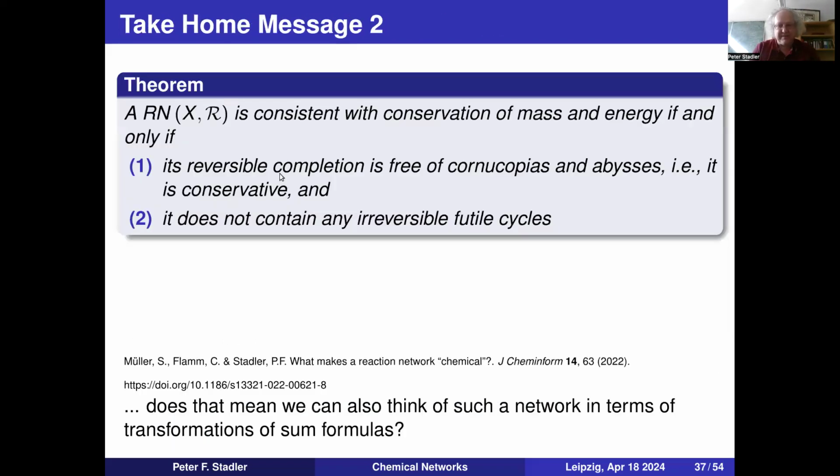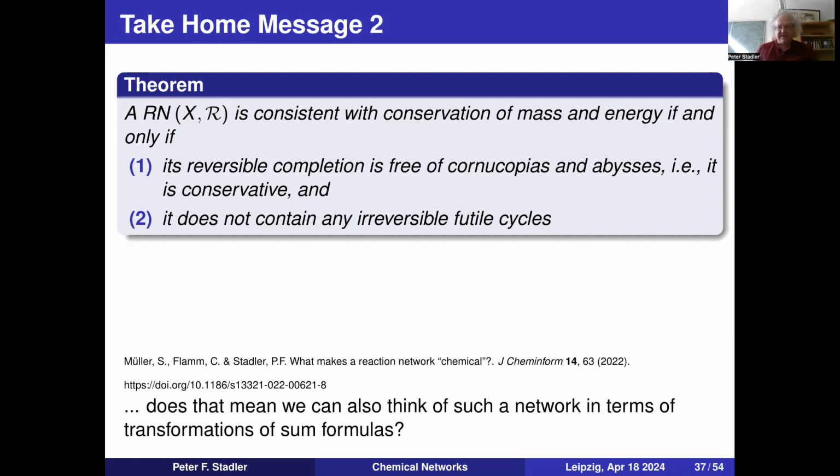So a reaction network is consistent with mass and energy if and only if it is its reversible completion, which basically means I just add all the reversible reactions that logically should exist.